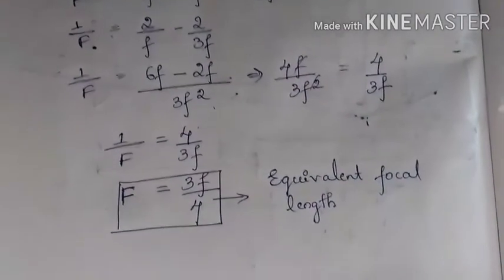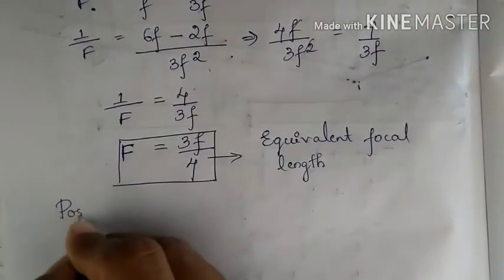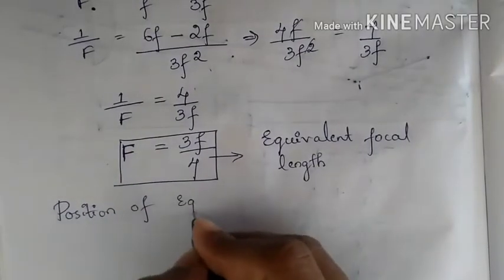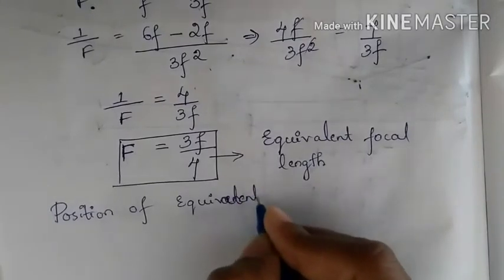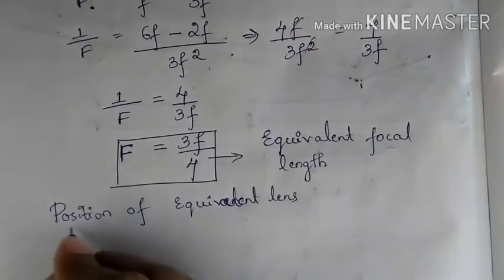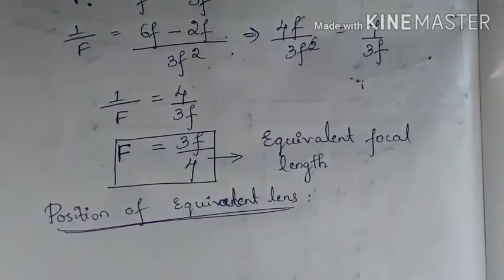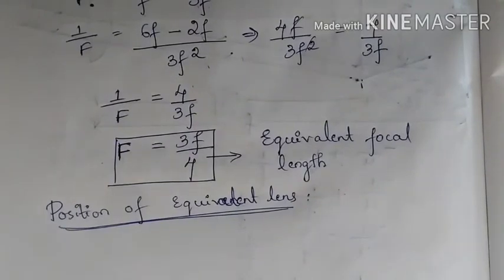Now let us learn what the position of the equivalent lens will be. So here if you want to set the equivalent lens, then what can be the position?